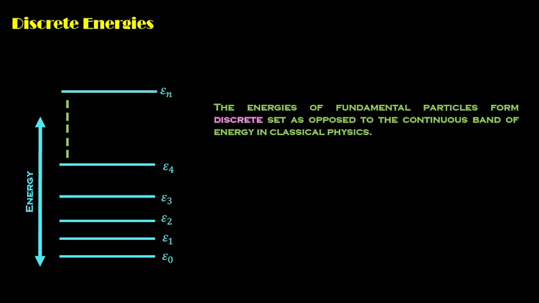So when we have a different number of particles in different energy states, then that case comes under the discipline of statistical mechanics. In statistical mechanics, we try to understand this behavior of particles of distributing themselves in a certain way over different energy states. We try to understand this behavior by the fundamental laws of mechanics which govern the motion of an individual particle.